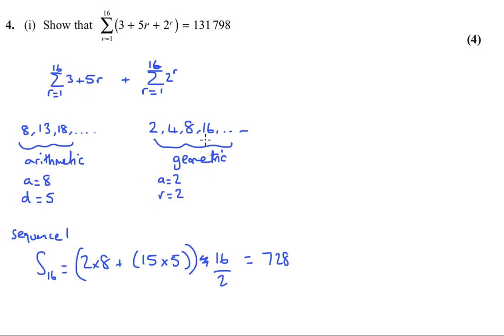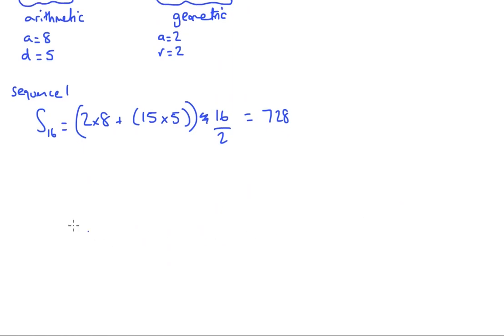For the geometric, and again this formula is in the book as well, that is a bracket 1 minus r to the power of n over 1 minus r.